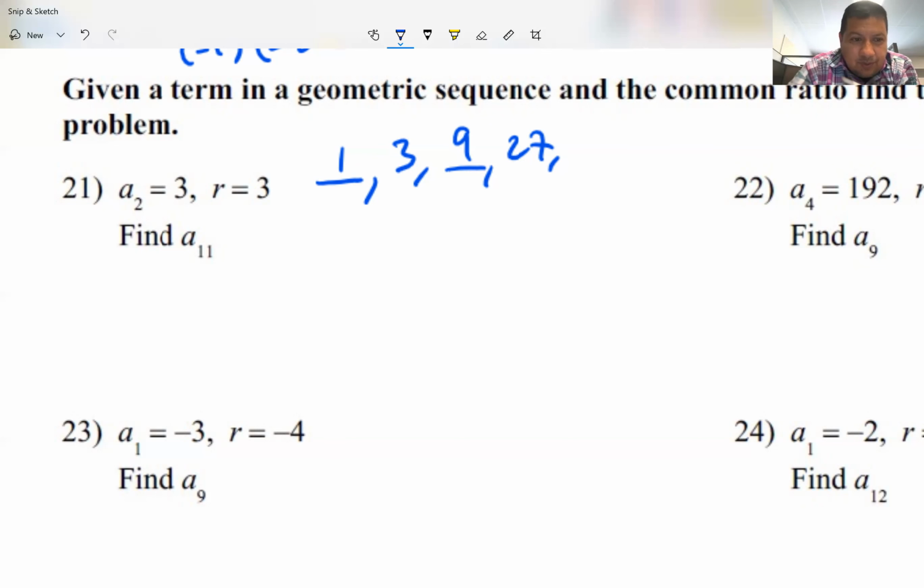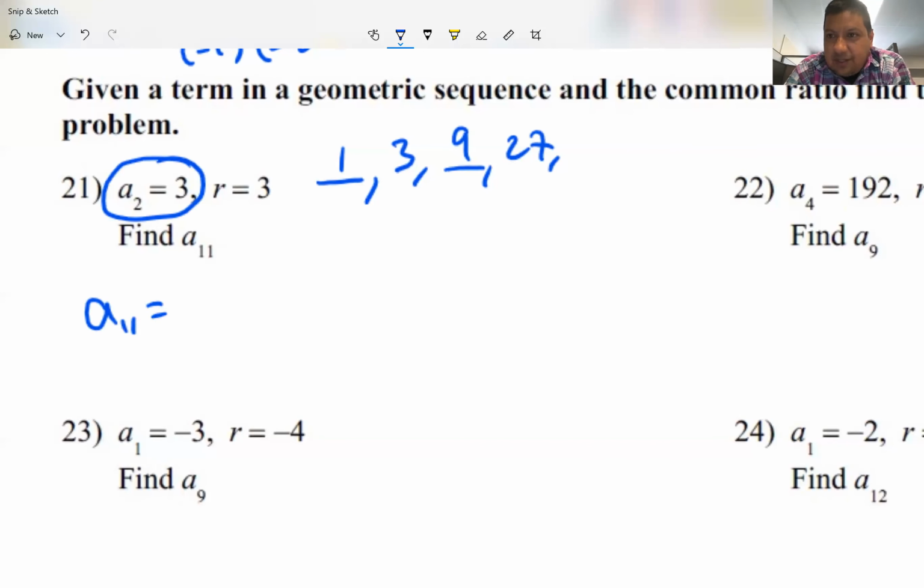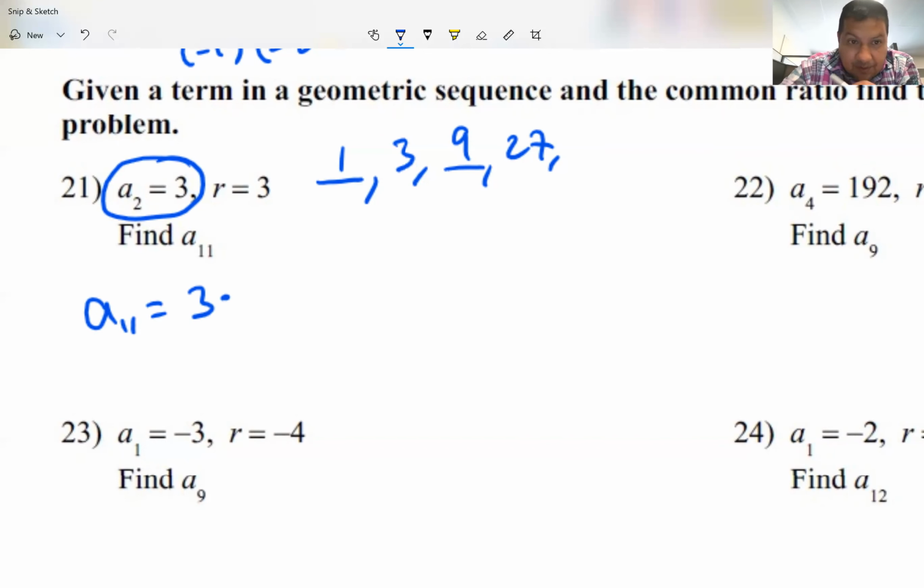Instead, what I'm going to do, I'm going to say A of 11 is going to be the number that I give you. Like I said, I don't need to know what the first number is. The number that I give you times the ratio so many times. When I say so many times, I'm going to have an exponent on the ratio. I already have the second number. I'm starting from the second number of my list, but I need to get to the 11.